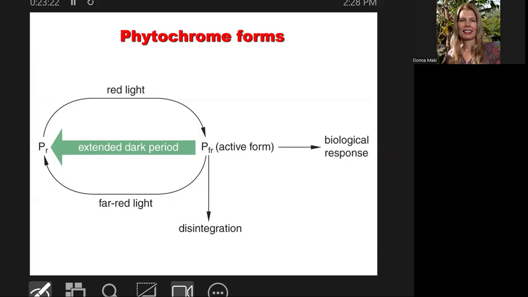All right, so here's the P sub R, the phytochrome R version. R means it's really good at absorbing red light. That's what it's paying attention to. So if you hit that pigment with red light, it shifts its form to the P sub FR form. Now, when it's in that shape, that pigment is really good at absorbing far red light.